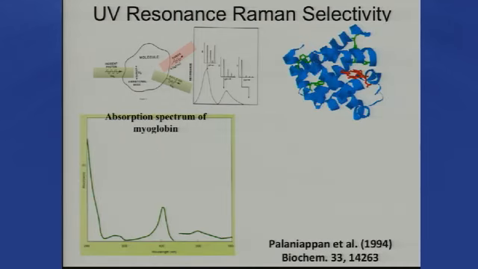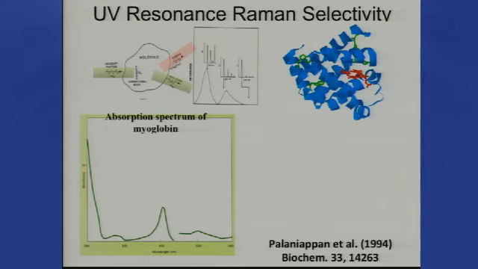And you can see that selectivity in this cartoon here, where we show the absorption spectrum of the protein myoglobin. And in the case of myoglobin, you have a heme, and that heme stores oxygen. And if you look at the absorption spectrum, in the visible, you see the heme absorption bands.